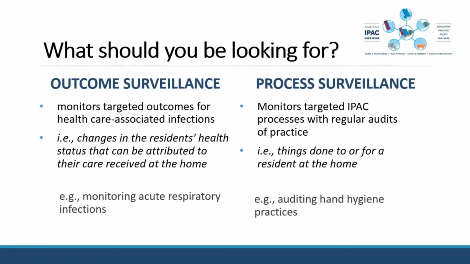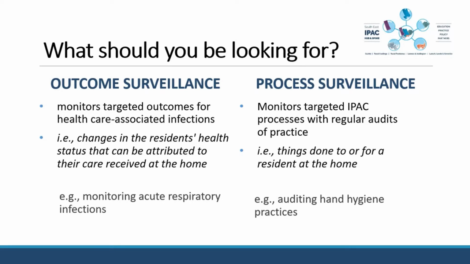To look into both of those types of surveillance in a bit more detail, outcome surveillance monitors targeted outcomes using surveillance for healthcare-associated infections, so looking at changes in the resident's health status that can be attributed to preceding care and service. An example of outcome surveillance related to infection prevention and control is surveillance of acute respiratory infection rates.